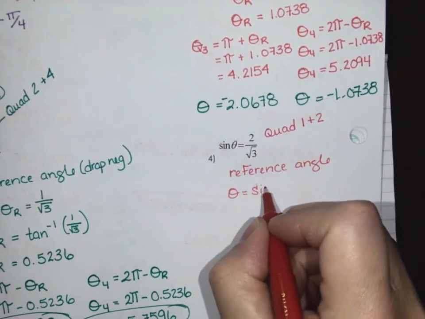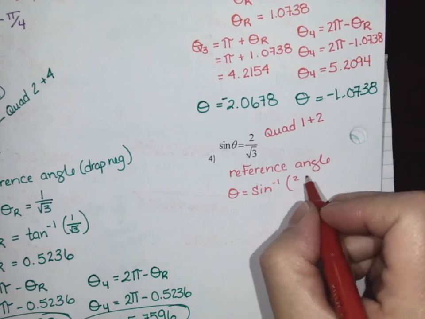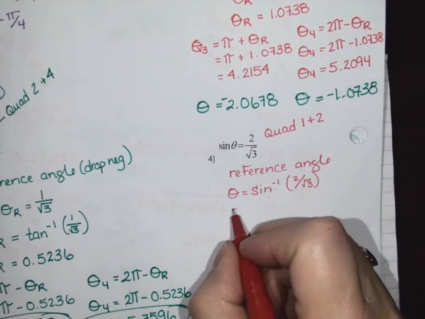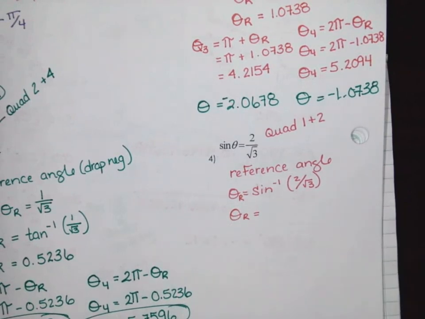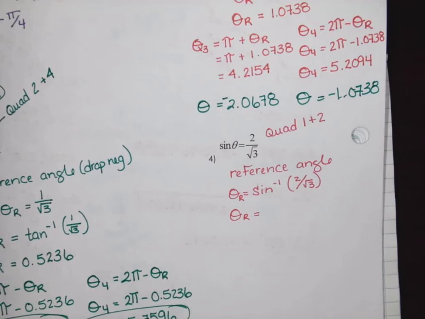Can we just put 2 over root 3 in the calculator for the reference angle? Yeah, well, in my calculator, I can. Did you get a number? I did. I'm going to get a number, though. I promise you. Ah, I know why.